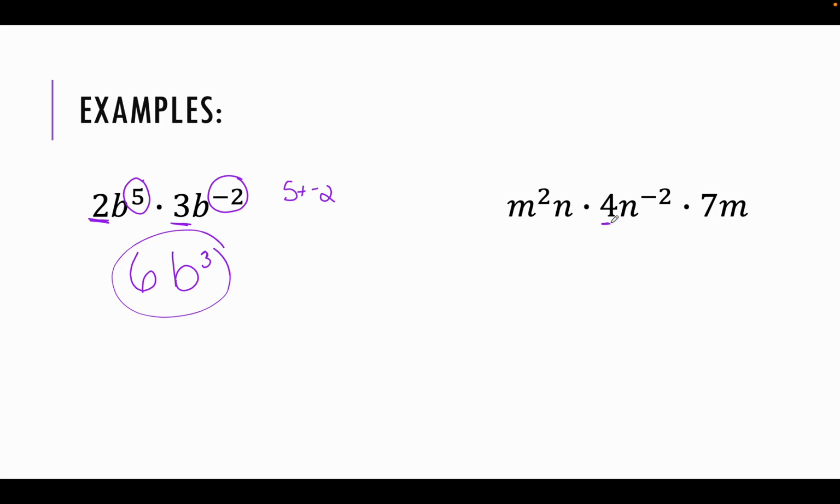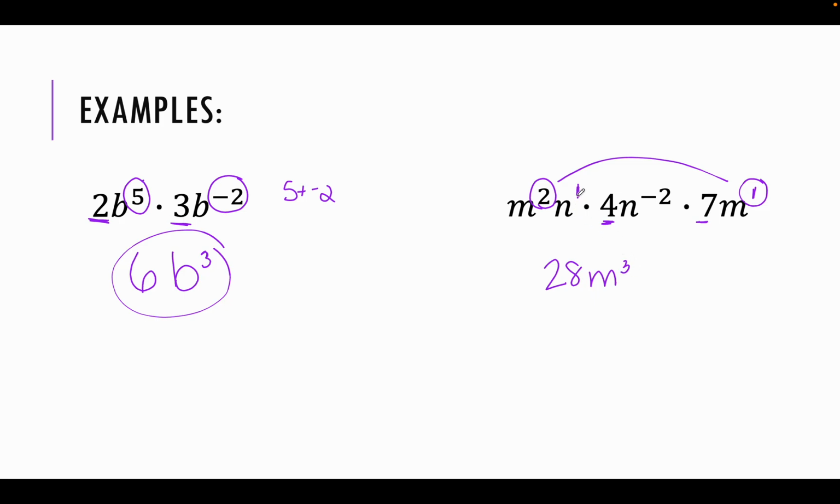For our second example, we can bring 4 times 7 to the front as 28. And then we have m to the second times m to the first, which makes m to the third.